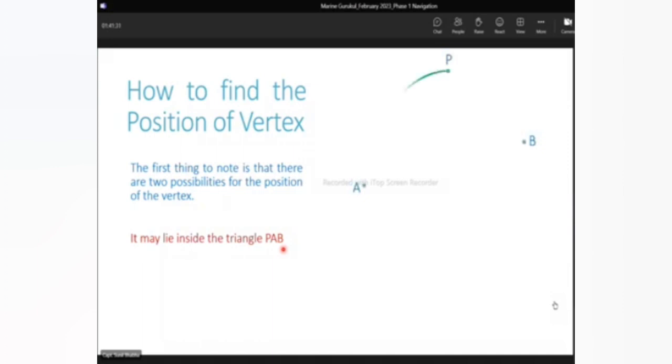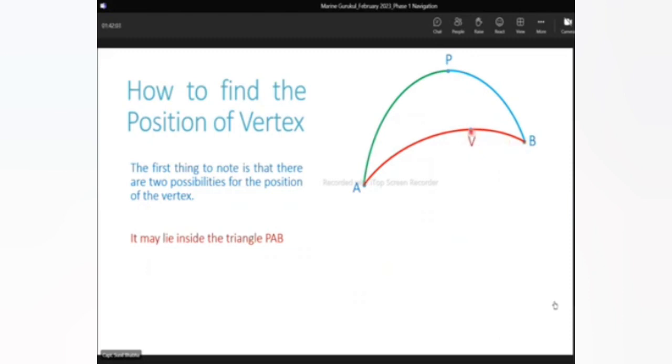PAB triangle is the spherical triangle which we made for calculating the great circle distance and the initial and final courses. Now, one of the possibilities is that the vertex lies somewhere in between the positions A and B. That means the great circle track reaches its highest latitude in between position A and position B, which are our initial and final positions.